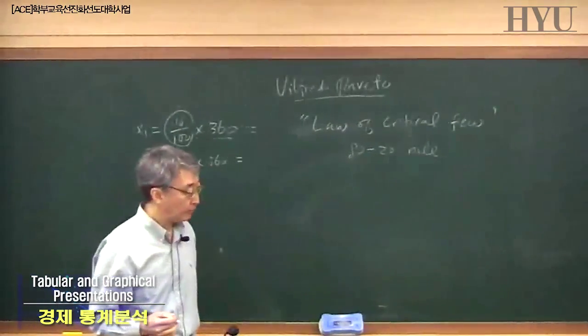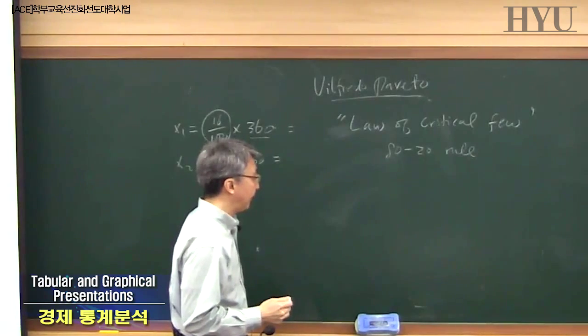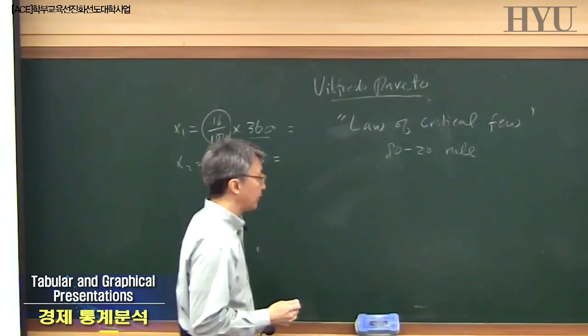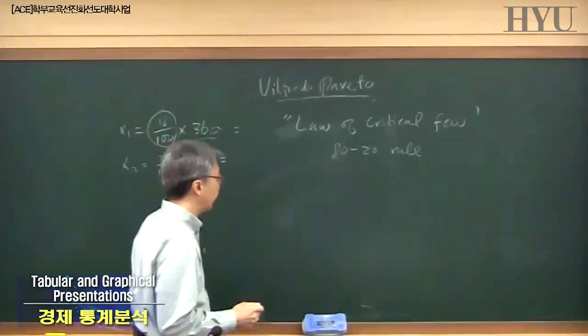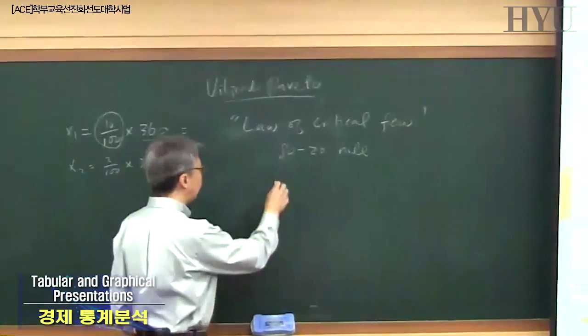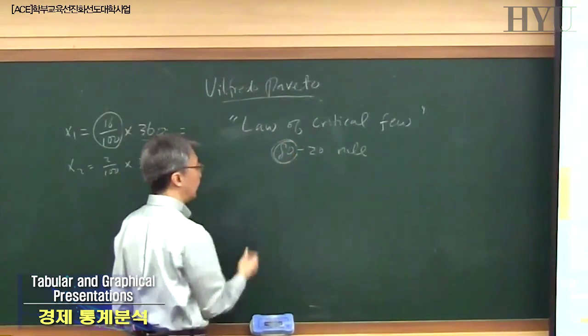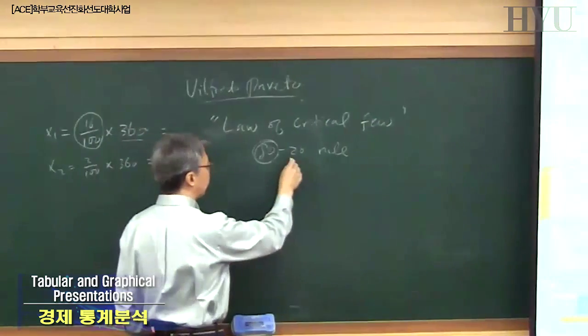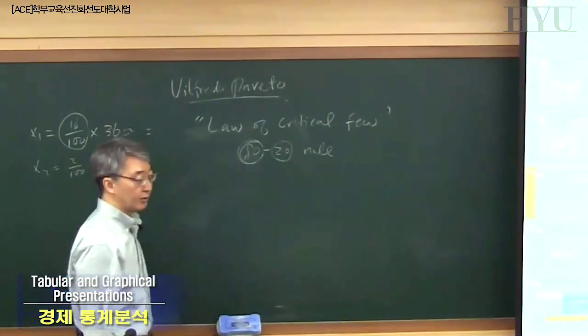Okay? For example, in terms of economic area, you find out 80% of the total wealth is owned by 20% of the population. Okay?